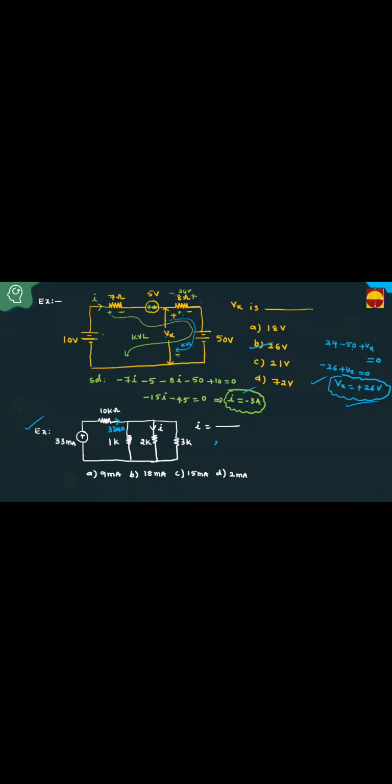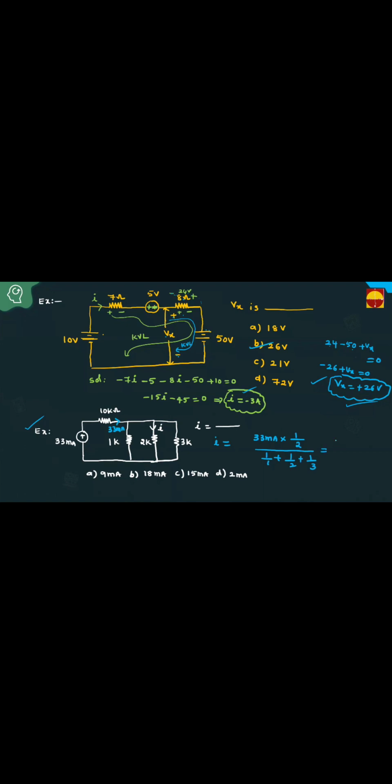If you want current I, this I equals current through the 2 kilo ohm resistor. Total current into 1 by 2, divided by 1 by 1 plus 1 by 2 plus 1 by 3.